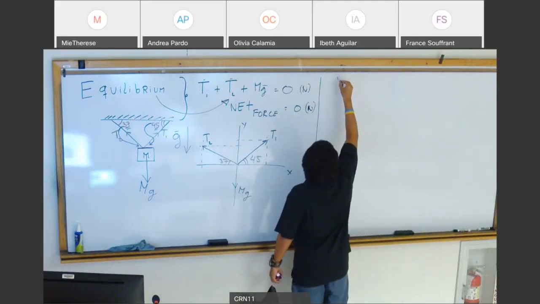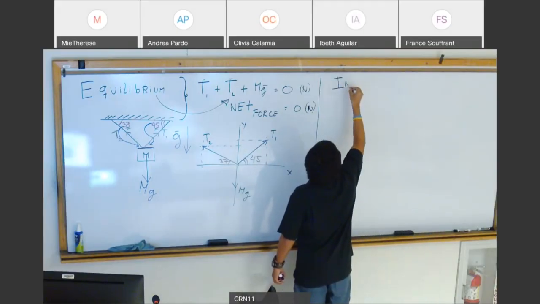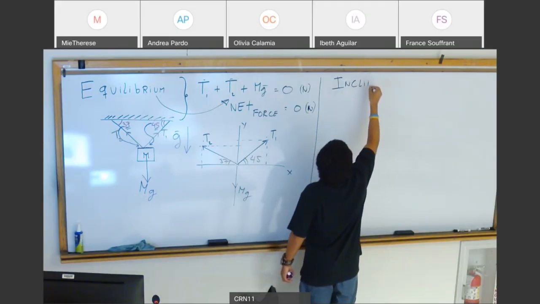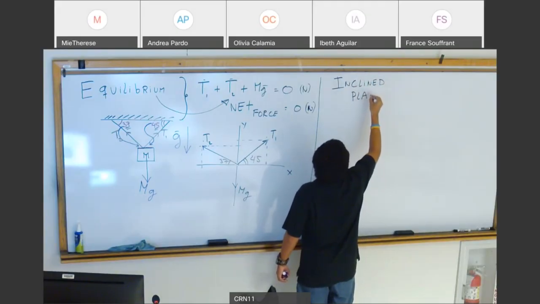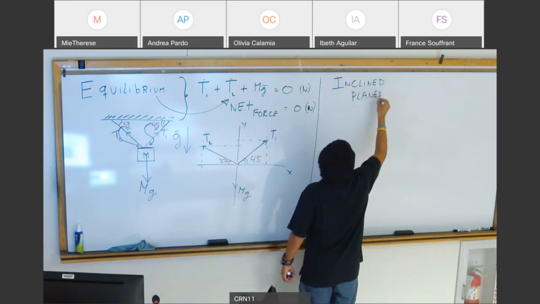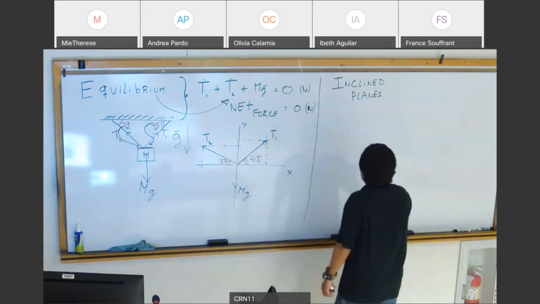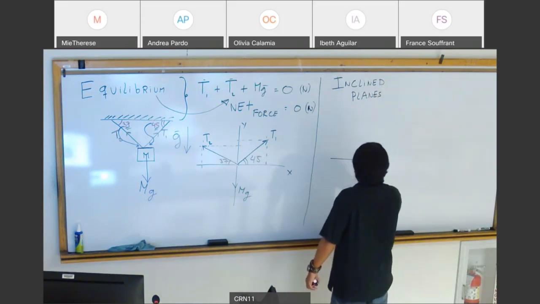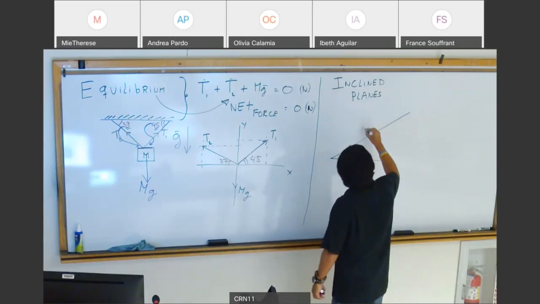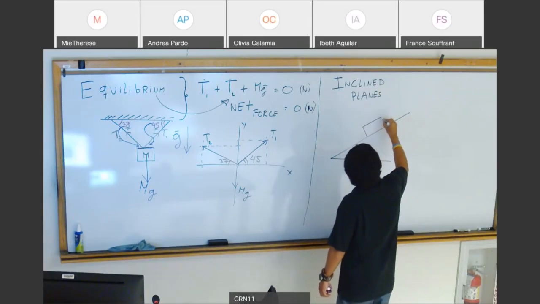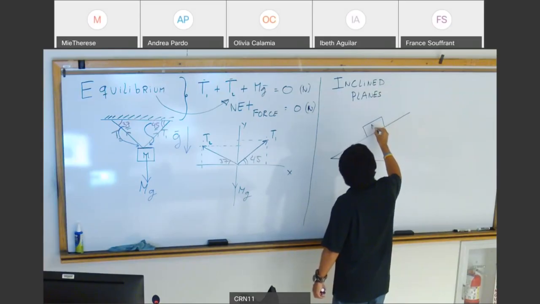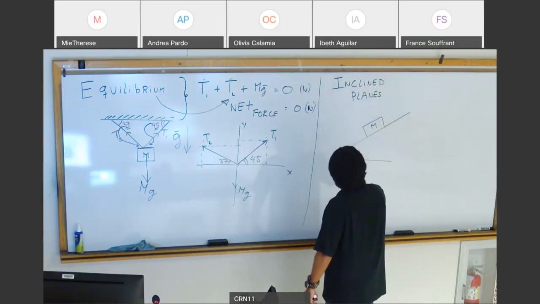So let's start with equilibrium in inclined planes. For an inclined plane, you have a mass, m, and then I have an angle here, theta.